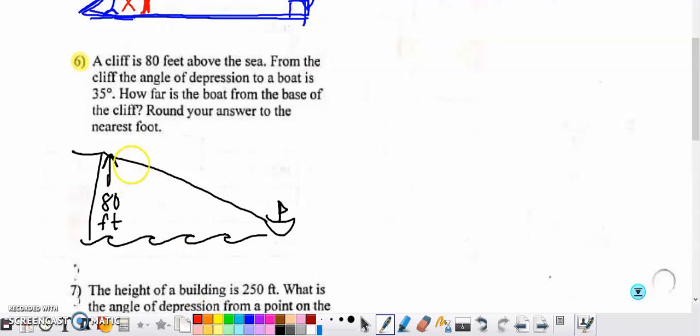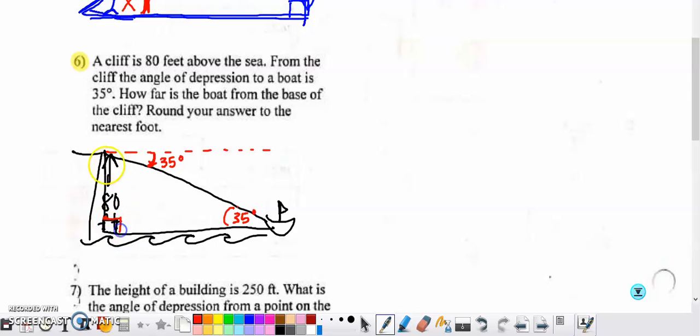So angle of depression is, if you remember, outside the triangle. So if you think of this as your right triangle, 35 degrees is also the measure of the angle of elevation in the bottom right.